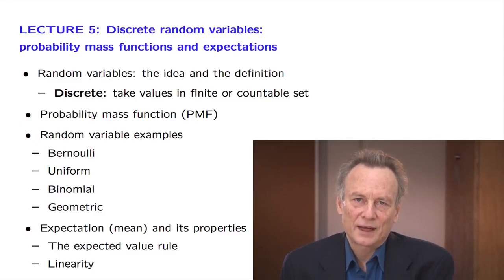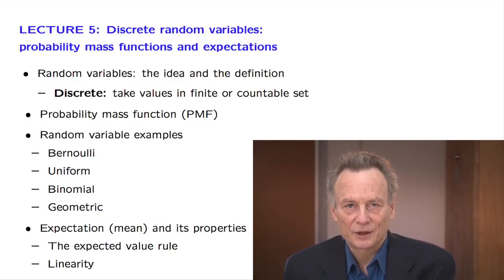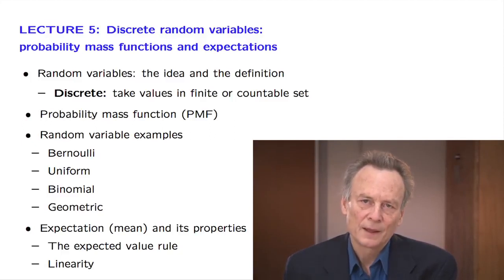It is a weighted average of the values of the random variable, weighted according to their respective probabilities, and has an intuitive interpretation as the average value we expect to see if we repeat the same probabilistic experiment independently a large number of times.